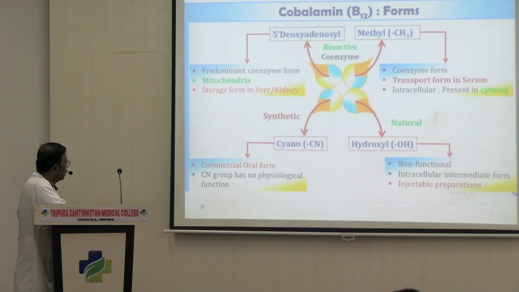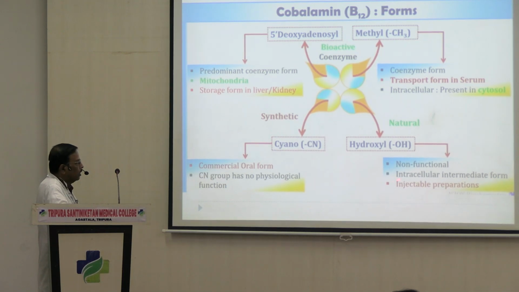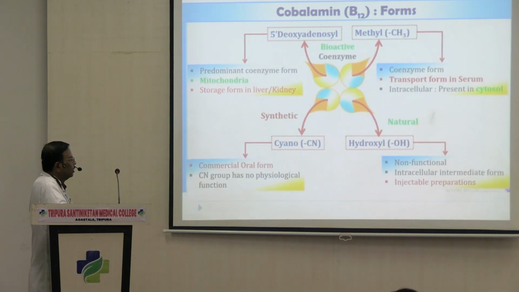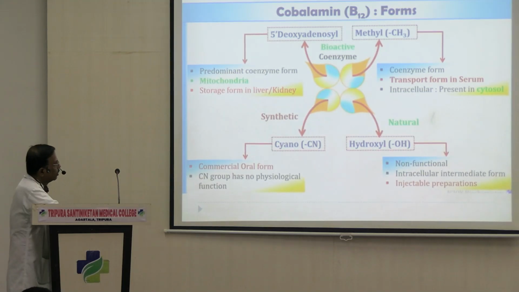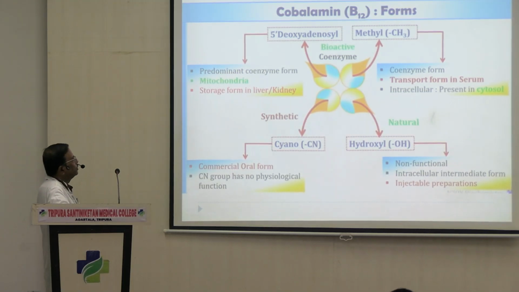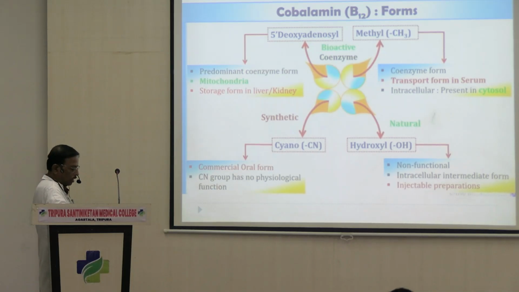Cyanocobalamin is the usual commercial preparation, and hydroxocobalamin is an intracellular intermediate form, and sometimes injectable forms are given as hydroxocobalamin. The coenzyme forms are methylcobalamin and deoxyadenosylcobalamin.